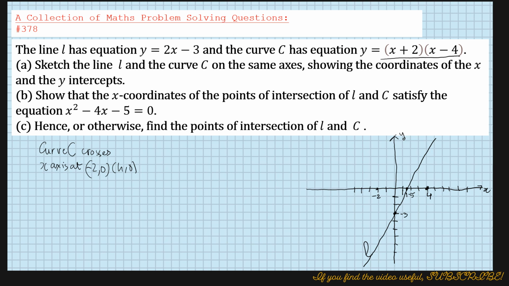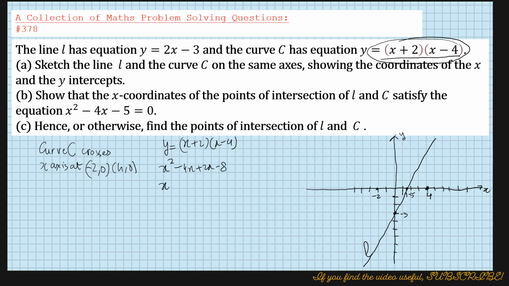The next question is, does the curve cut the y-axis? To get that point, I expand the brackets. y equals (x plus 2) times (x minus 4), which is x squared minus 4x plus 2x minus 8.